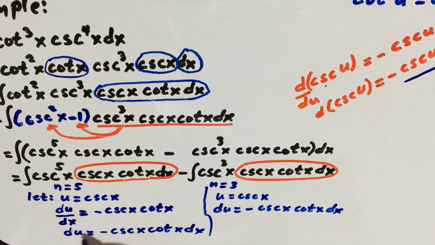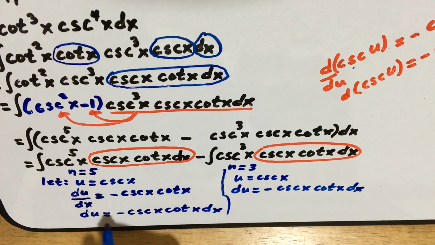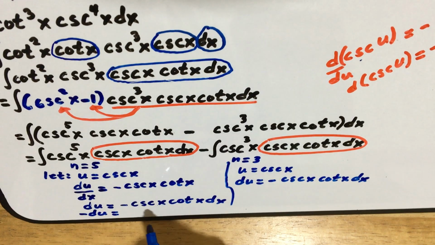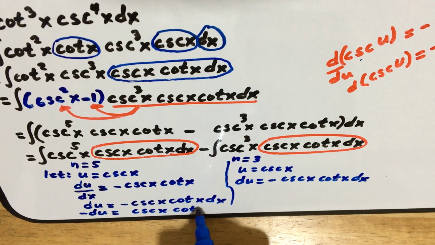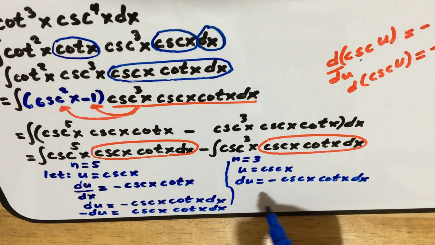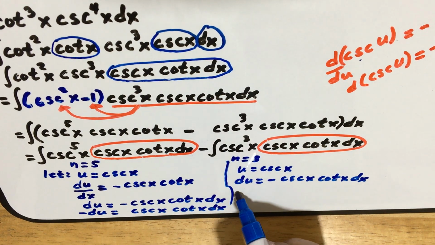So if we multiply this by -1, we now have negative du equal to, so this becomes positive cosecant x cotangent x dx. Also here we have negative du.